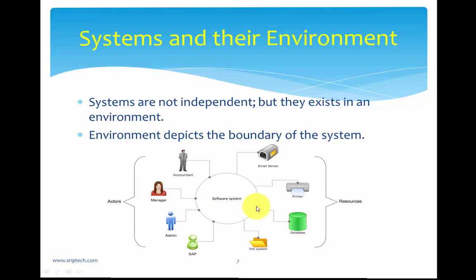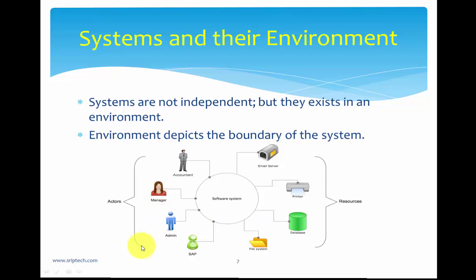Now you can see from here, you have a software system installed here. This software system is governed by certain people and certain hardware devices who are acting as a boundary. For example, you have an email server, you have a printer, you have a database, you have a file system, you have a SAP application here, you have an admin person here, you have a manager here.